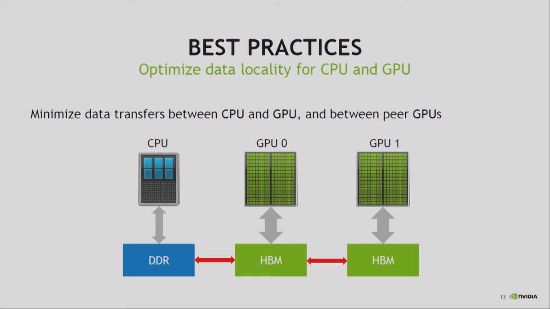It's very important because of all these bandwidths that I showed, like 700 gigabytes per second for Pascal, and CPUs can have up to 100, I think, or maybe more gigabytes per second. So the weakest link is going to be between CPU and GPU, or between GPUs.